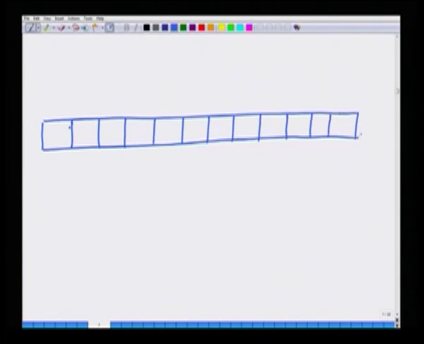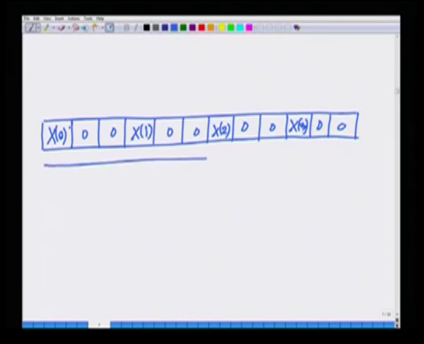I can load x0, 0, 0, x1, 0, 0, x2, 0, 0, x3, 0, 0. So, these are the 12 subcarriers.